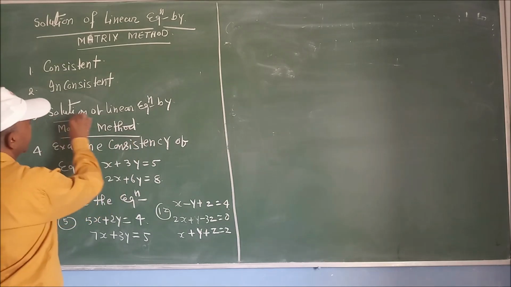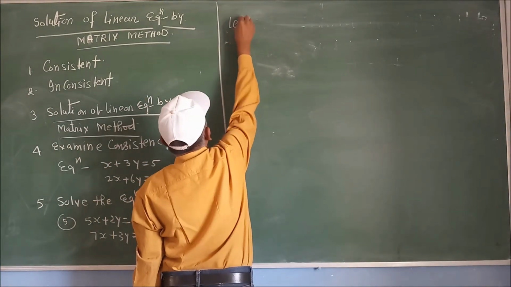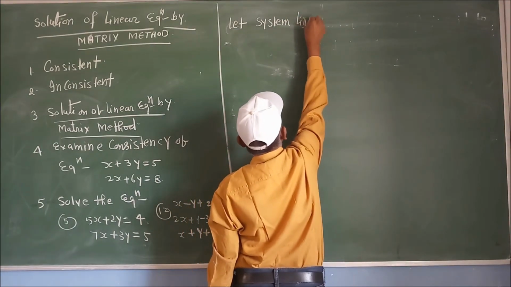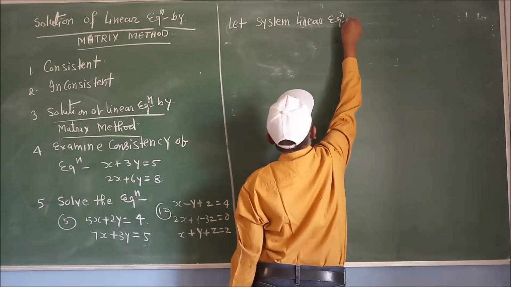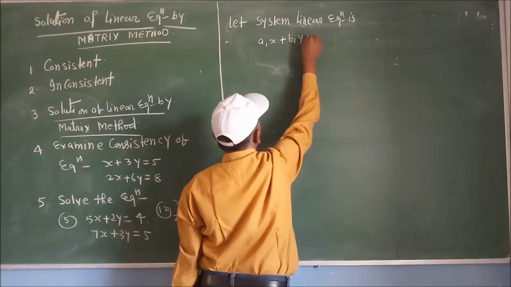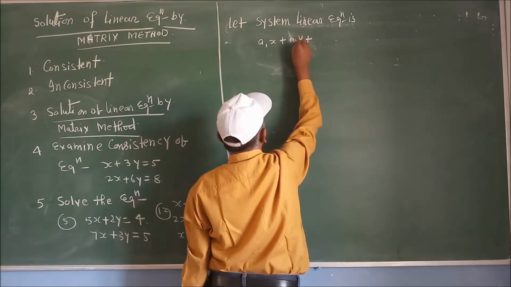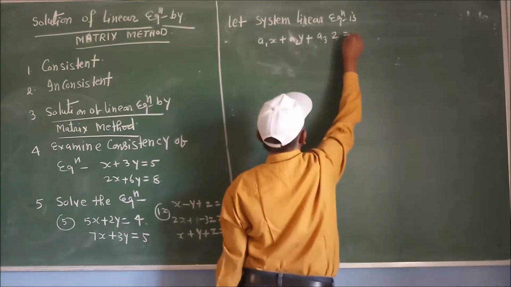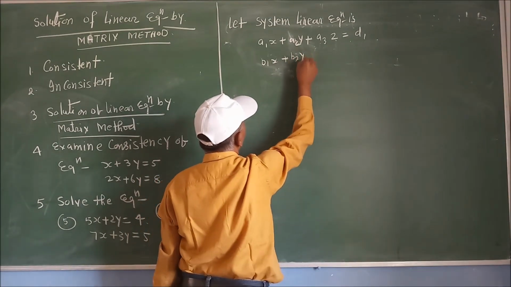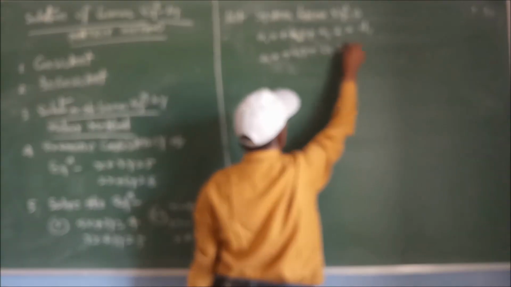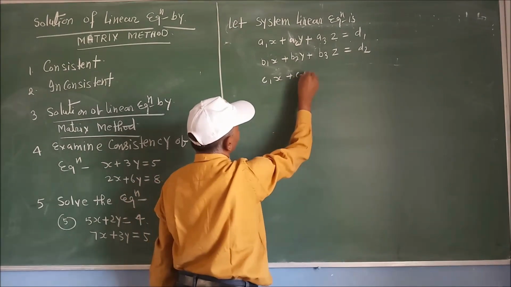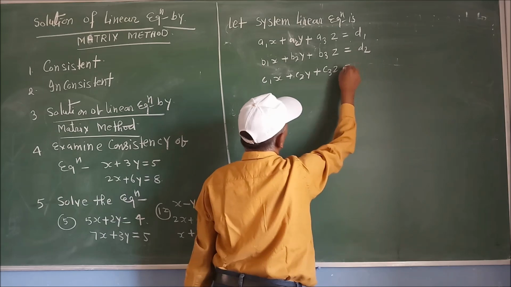So let us consider a system of linear equations: a1x plus b1y plus c1z is equal to d1, a2x plus b2y plus c2z is equal to d2, a3x plus b3y plus c3z is equal to d3.